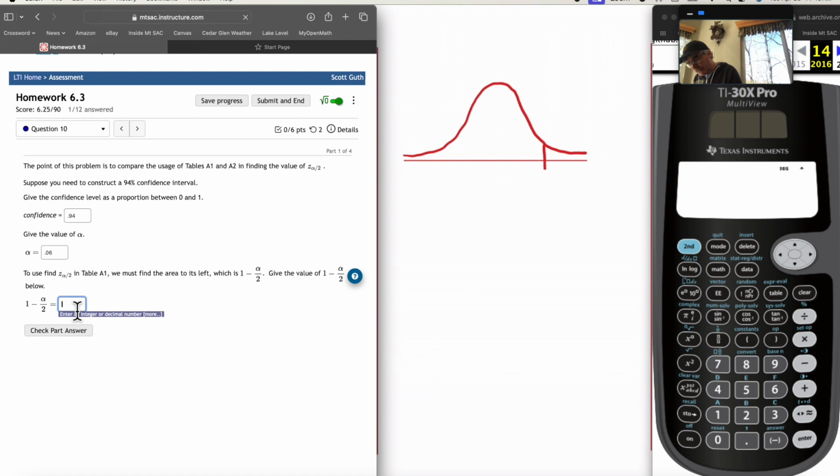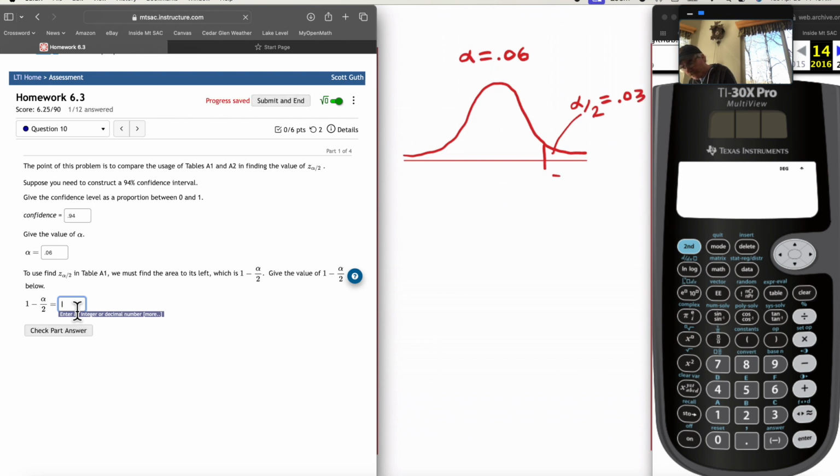Alpha over 2 is the area of the right tail. It's also the area of the left tail. Okay, but in this case, our alpha is 0.06. So the area of the right tail is alpha over 2, which is half of 6% is 3%, 0.03.